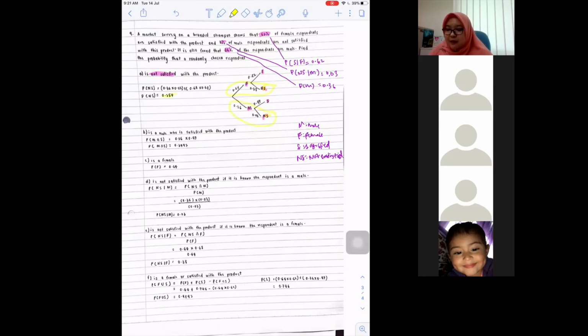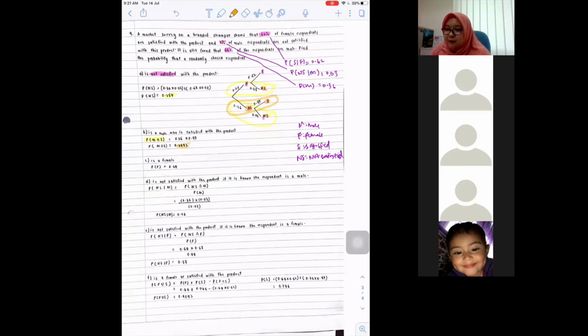B is a male who is satisfied. So this is an intersection, because this happens at the same time. Male who is satisfied, so M and S. Let's find M, using the orange color, this part here, and find S, this part here. Just multiply them, and you'll get the answer.